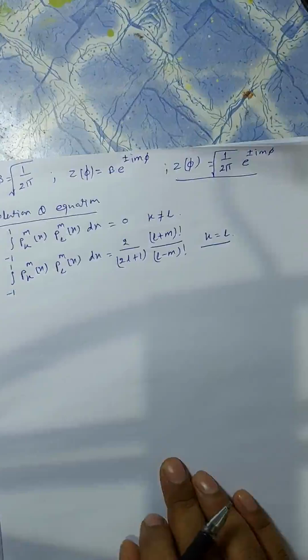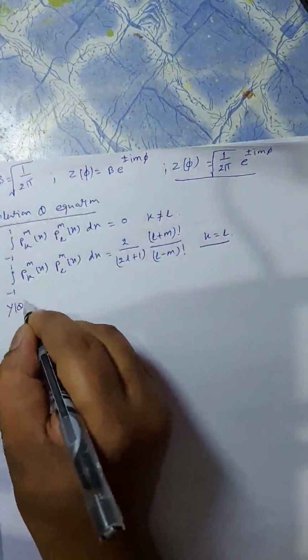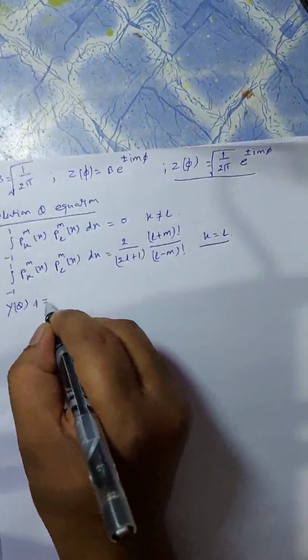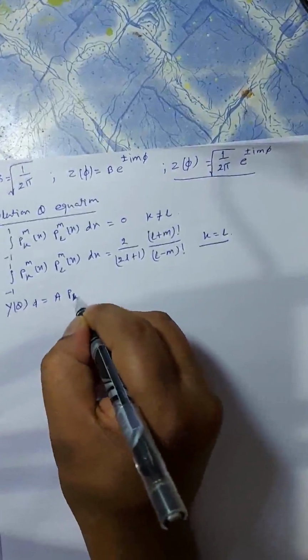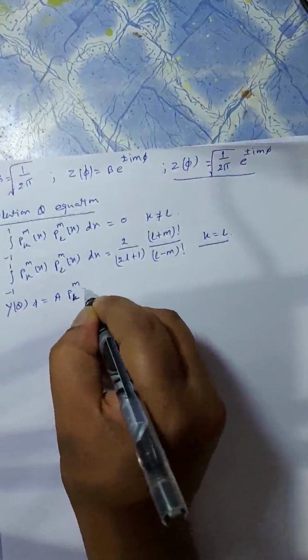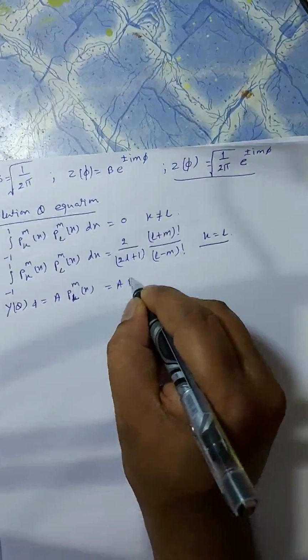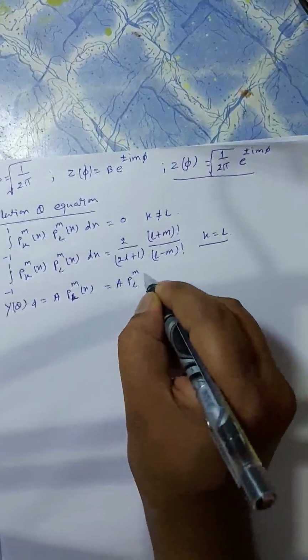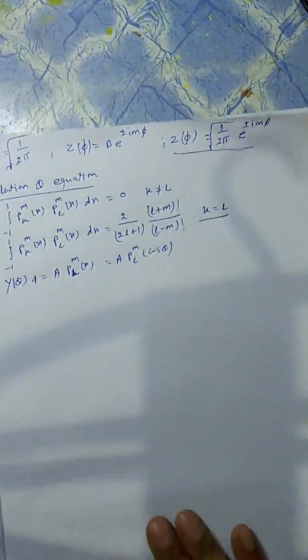In this condition the equation is this one. So what is the solution? Y(theta) is equal to A P_l^m(x), where x is equal to cos theta.